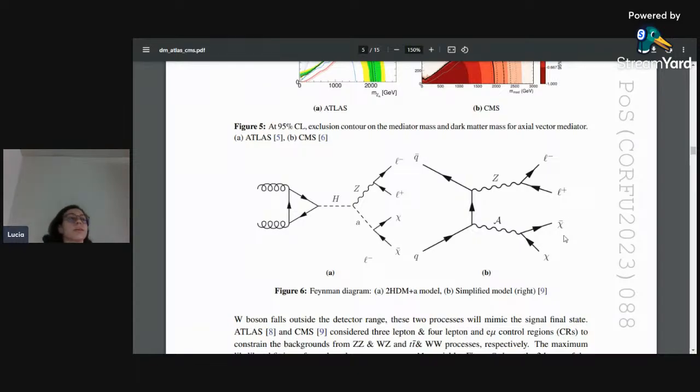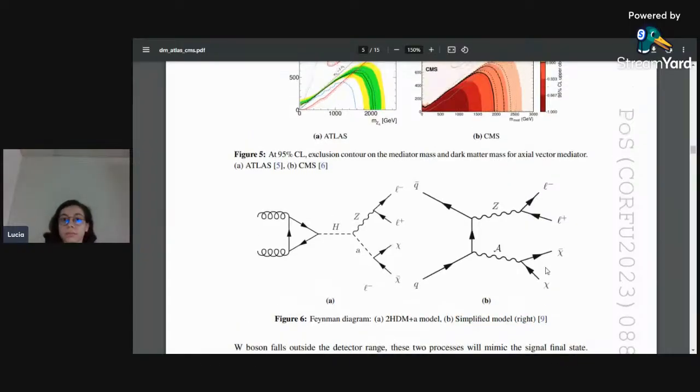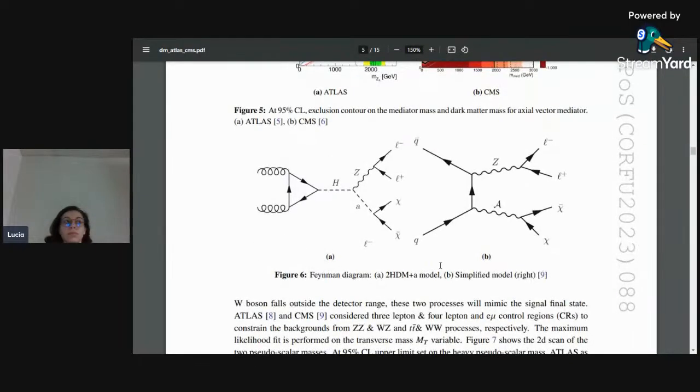Okay, thank you. So for the scalars, there are two models, right? In this case, it's a simplified model and a two Higgs doublet model plus a pseudoscalar. The pseudoscalar is like an axion-like particle, and the dark photon there, right? Yes. One is vectorial.